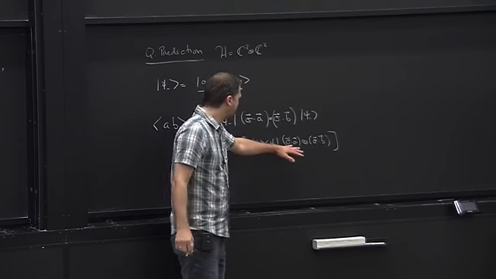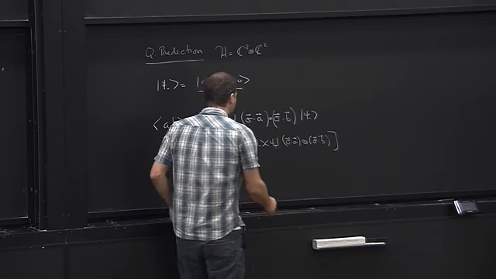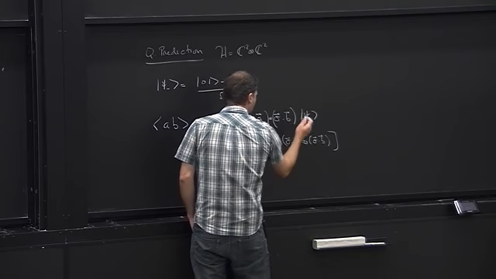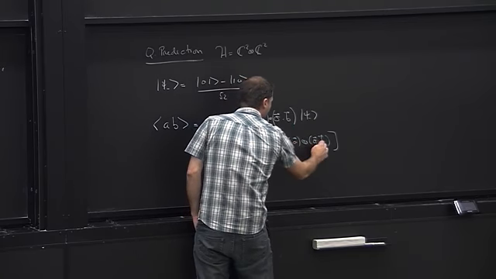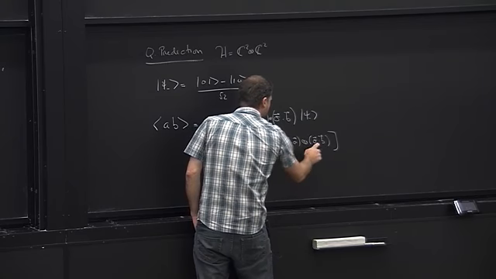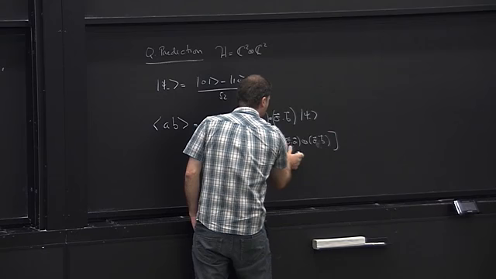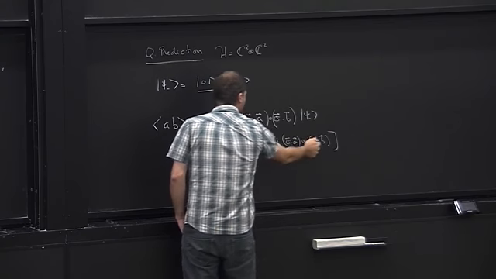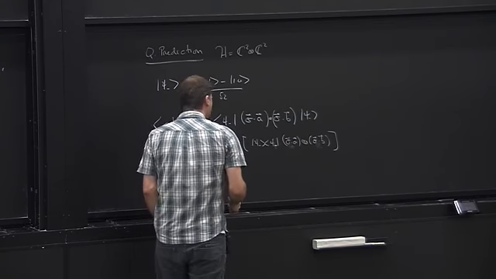So it should be clear that this sigma is a Pauli spin operator acting on system A. And this is a Pauli spin operator acting on system B. So this is Alice's system and that's Bob's system.